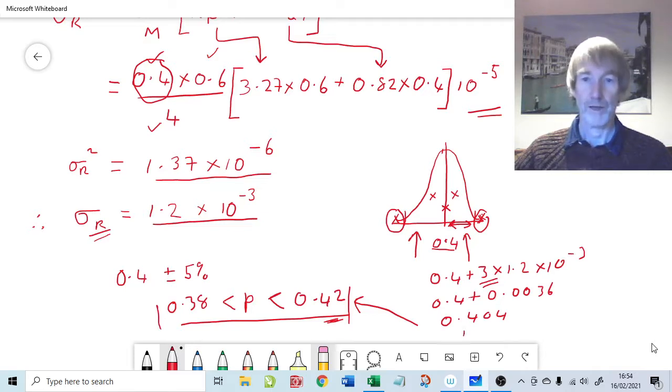The actual variation is going to be something like 1 in 10 to the 7 or 8, something in that sort of order. So we can live with that. We know that statistically there will be some product that is out of specification, but it's going to be a vanishingly small amount because our standard deviation is so low.